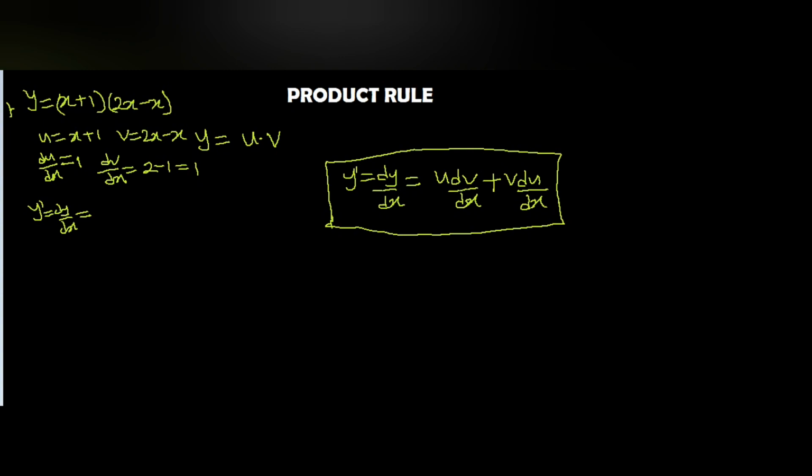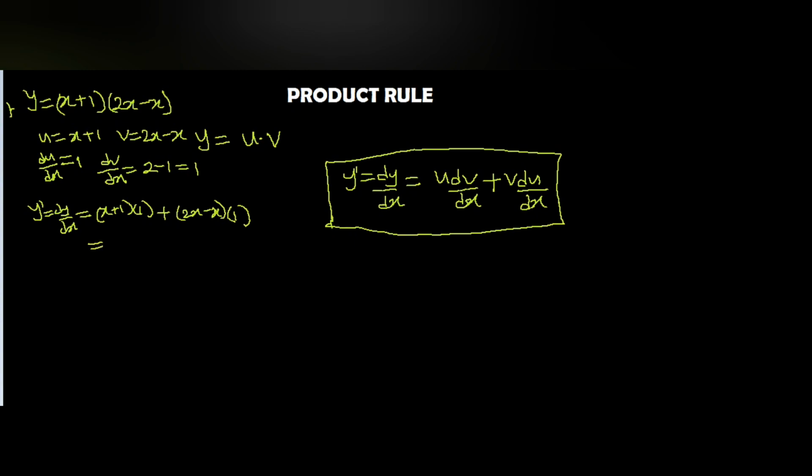So we have u to be x plus 1, multiplying dv/dx, which is equal to 1, plus v, which we know to be 2x minus x, multiplying du/dx, which is also equal to 1.